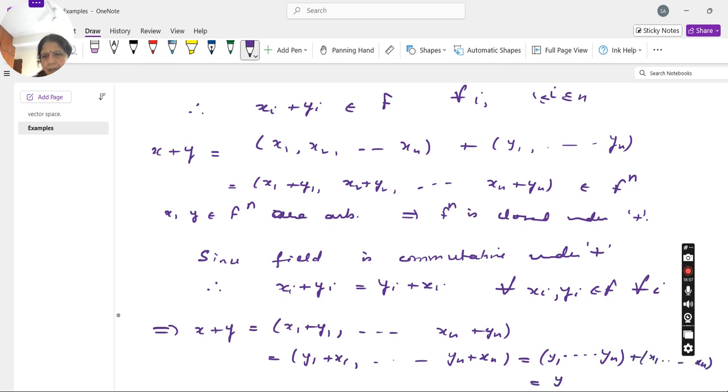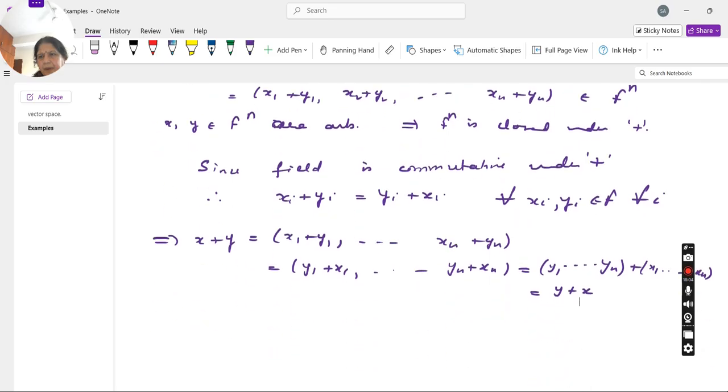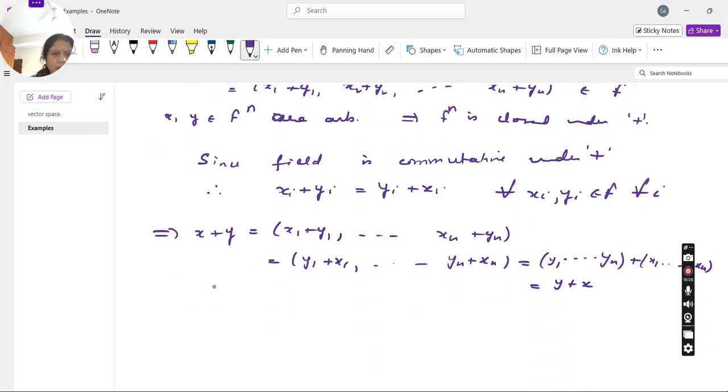And this is equal to y plus x. And x and y belonging to F^n are arbitrary. That means this n tuple of F is commutative under addition.